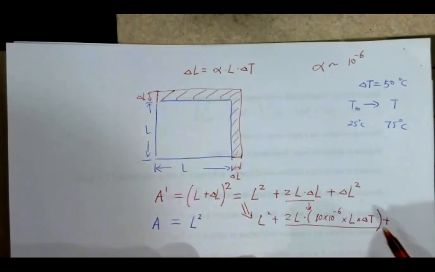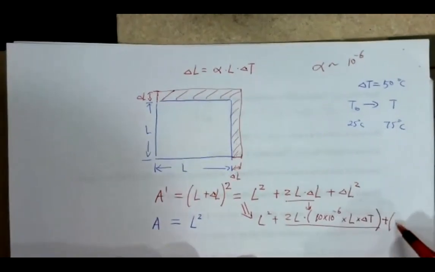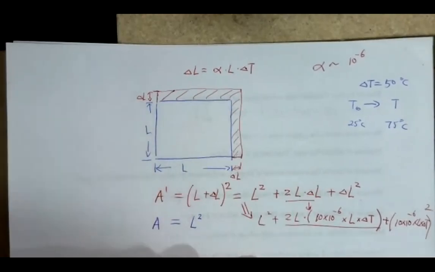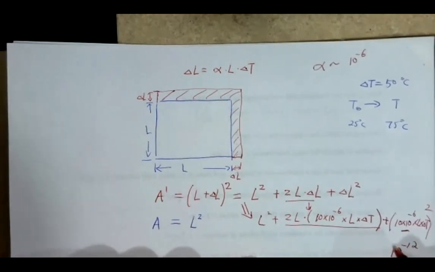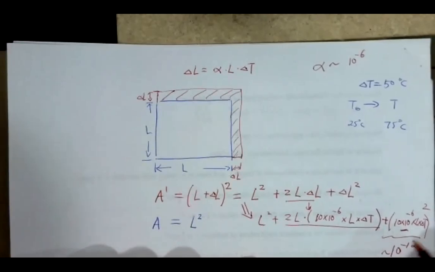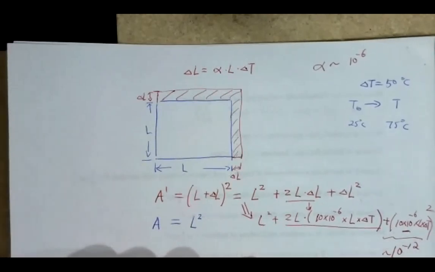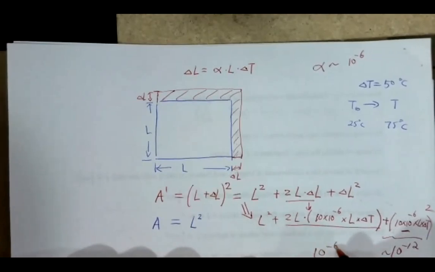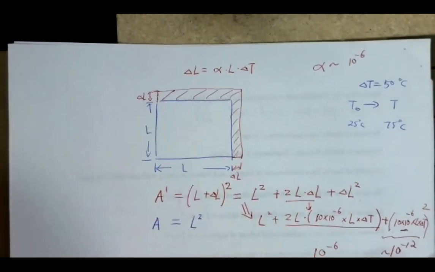And then plus delta L squared, where delta L will be 10 times 10 to the minus 6 times L times delta T, and then you square it. When you square it, the 10 to the minus 6 becomes 10 to the minus 12. So the third term here is on the order of 10 to the minus 12, compared to the second term, which is on the order of 10 to the minus 6. So this can be very small, okay?